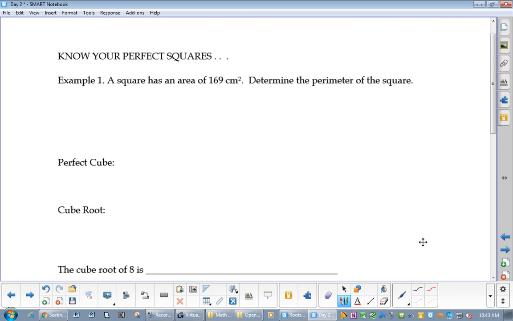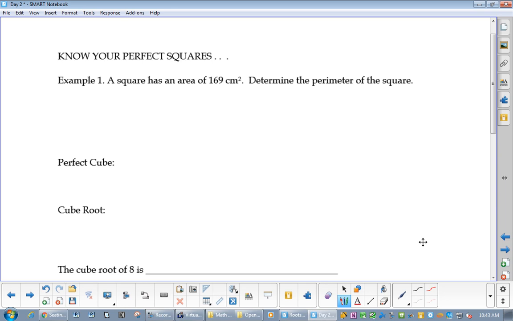Okay, now a square has an area of 169. Determine the perimeter of the square. Now this messes with people's heads when they get into 2 different dimensions, because surface area or area and perimeter are very different.